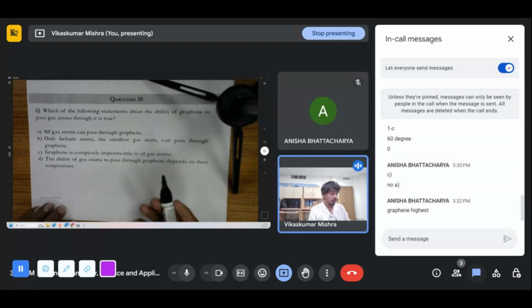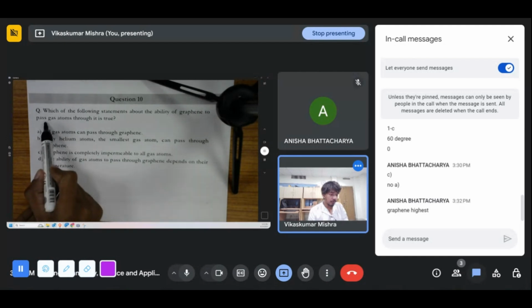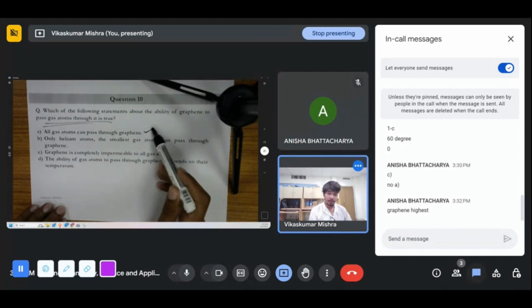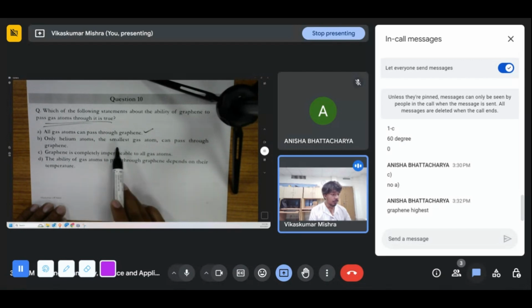Option A says all gas atoms can pass through graphene. Option B says only helium atom, the smallest gas atom, can pass through graphene. Option C says graphene is completely impermeable to all gas atoms. Option D says the ability of the gas atom to pass through graphene depends upon the temperature.